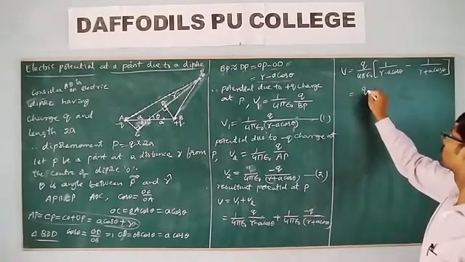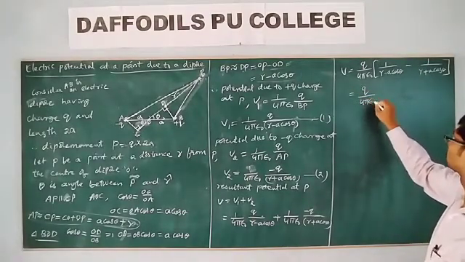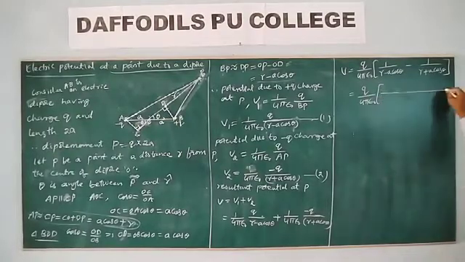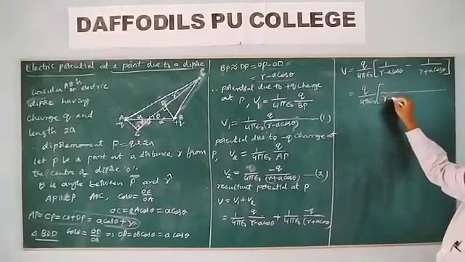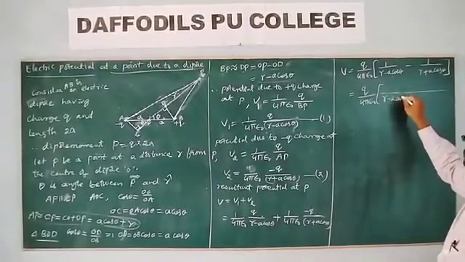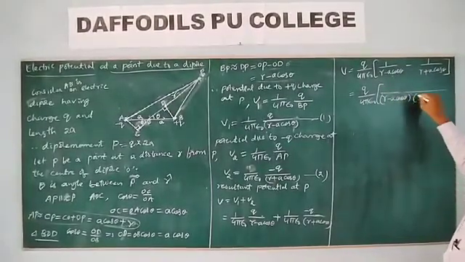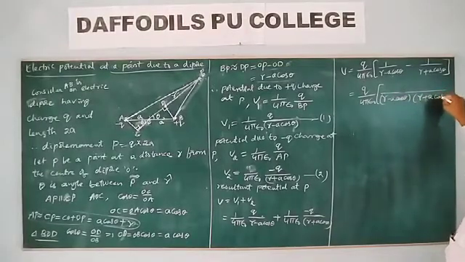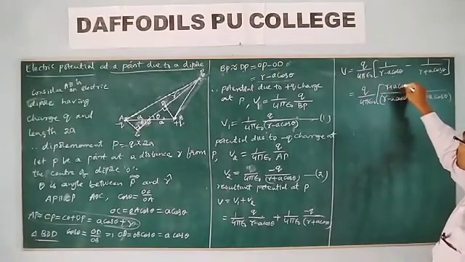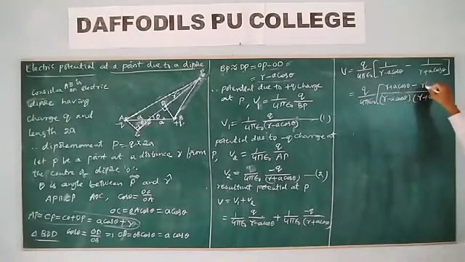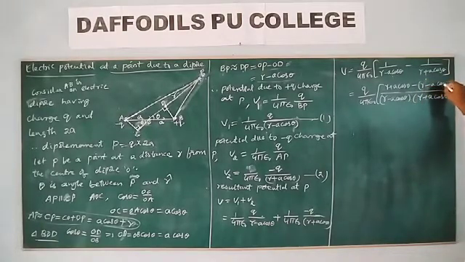So what is the LCM here? R minus a cos theta into R plus a cos theta. Now here, R plus a cos theta minus R minus a cos theta. Is it okay?